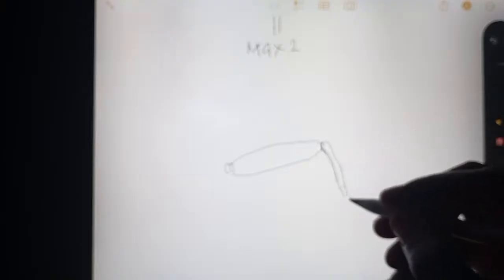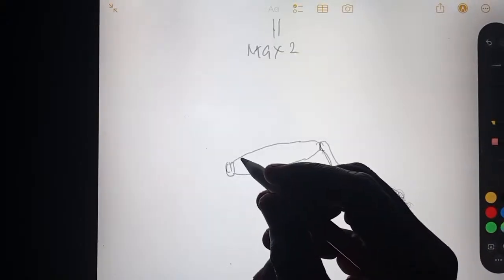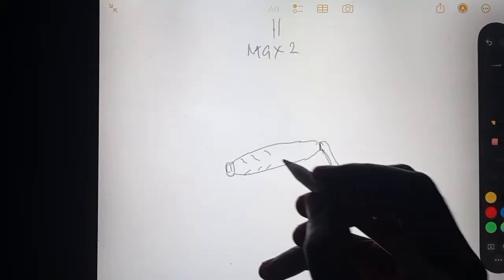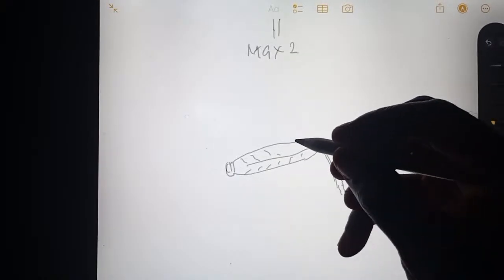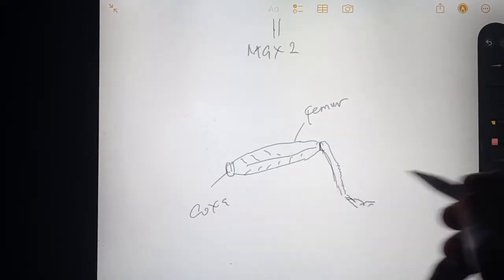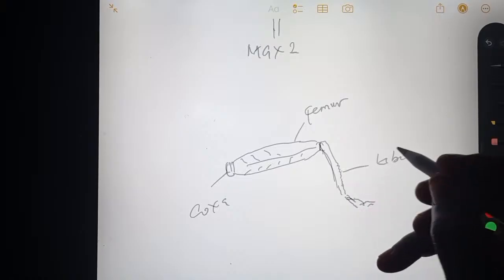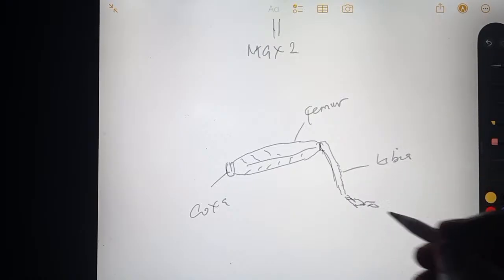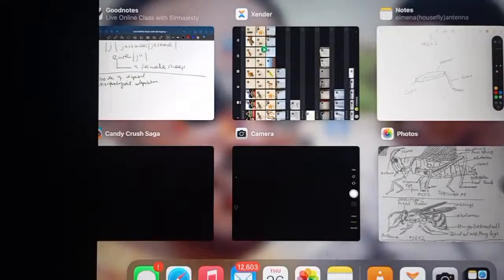Then we have the tarsals. So you show that here is the coxa, and here is your femur. Although you should label one side, but this type of drawing, I wouldn't know what they expect us. The tibia, okay, and here is the tarsal. So in case, you just prepare against all odds.